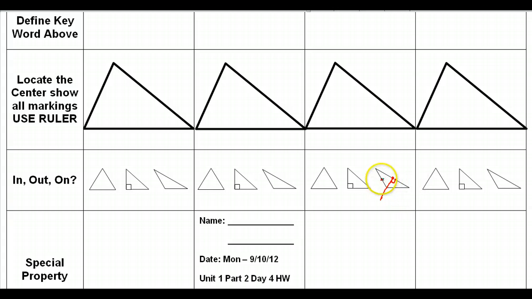Okay, there's my midpoint, there's my perpendicular bisector. Okay, there's my midpoint, there's my perpendicular bisector. Outside. Okay, you can just do it real quick even on these tiny little graphs.